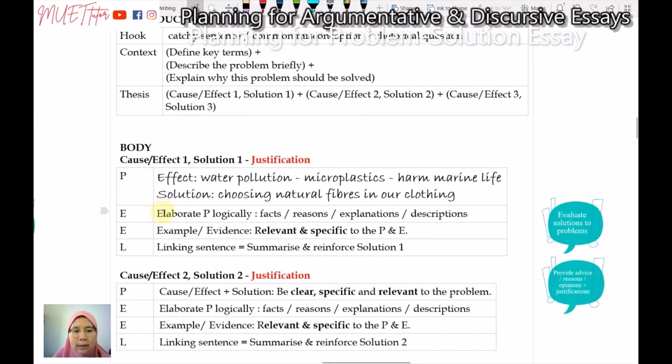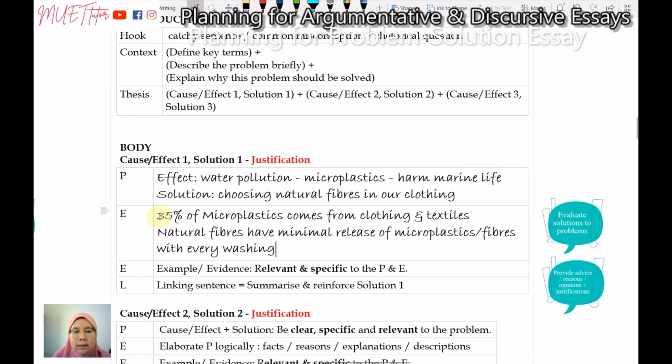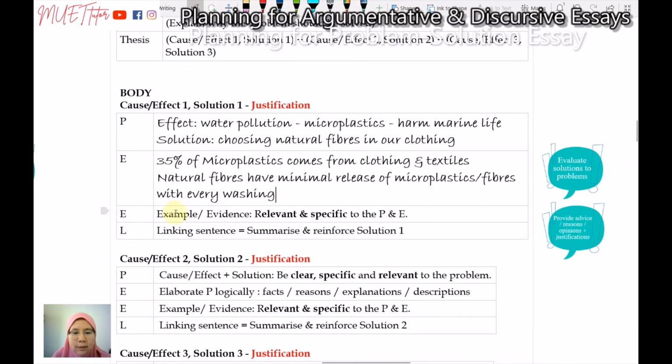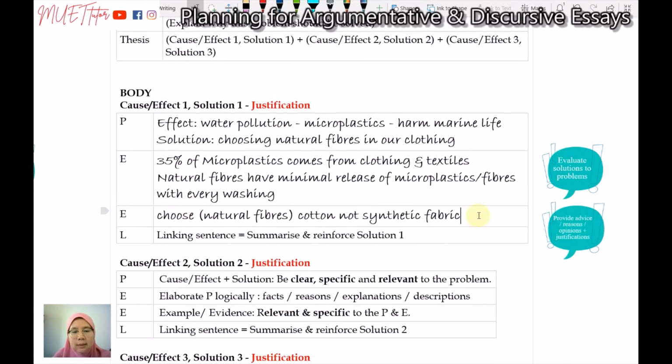And then in the explanation, I explain a little bit about the problem. Here I explain a little bit on the effect. And in the second sentence here, I explain a little bit on the solution. And then give an example of cotton, saying cotton as an example of natural fiber.